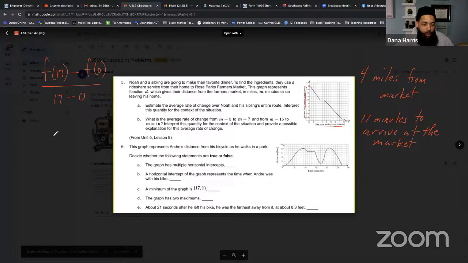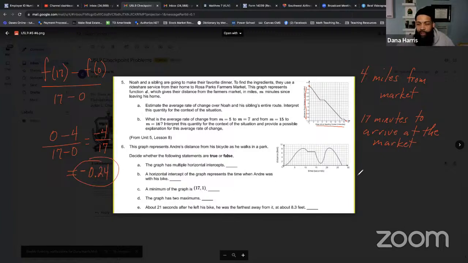And f of 0 is 4, which is the vertical axis, or the y-intercept. So that's 0 minus 4 over 17 minus 0. Well, 0 minus 4 is negative 4, and 17 minus 0 is 17, and that equals about negative 0.24.